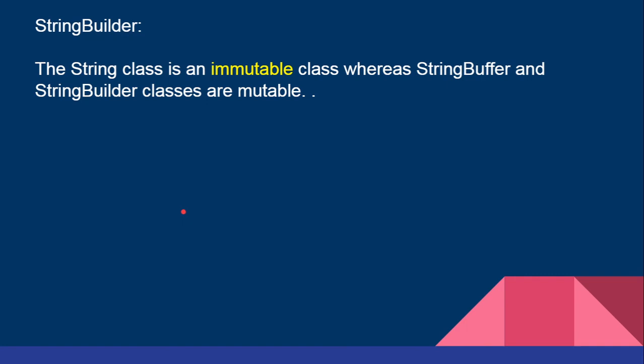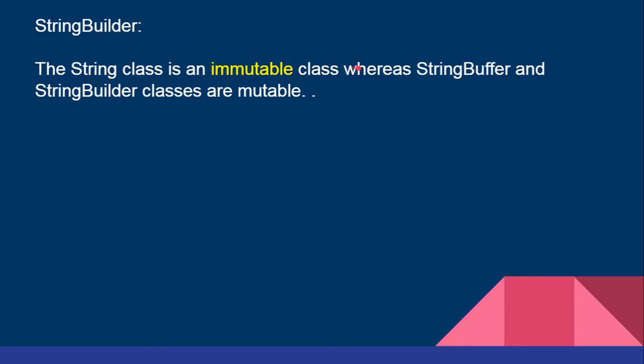Now let us see the StringBuilder class, which is the third way of string processing. The String class is an immutable class, whereas the StringBuffer and StringBuilder classes are mutable. That means you cannot change an object which is created using the String class.